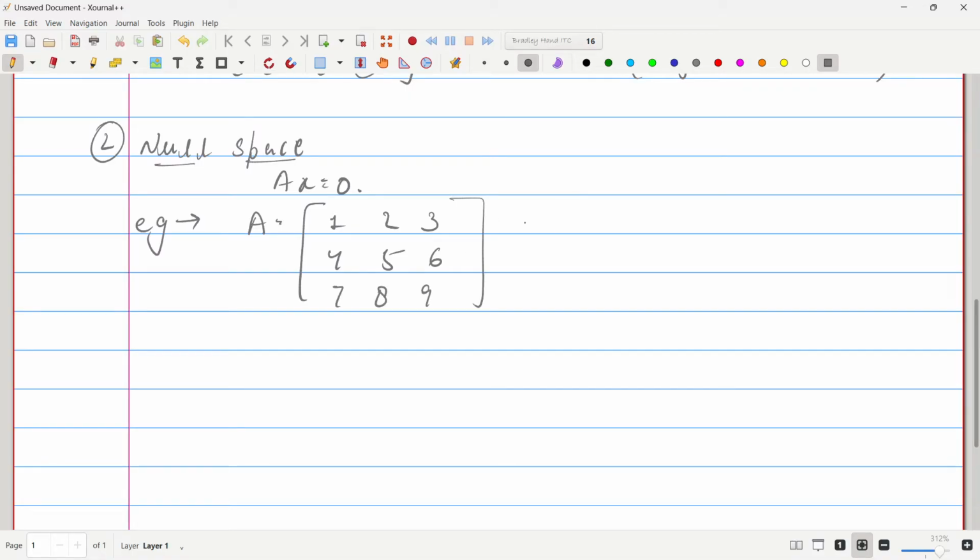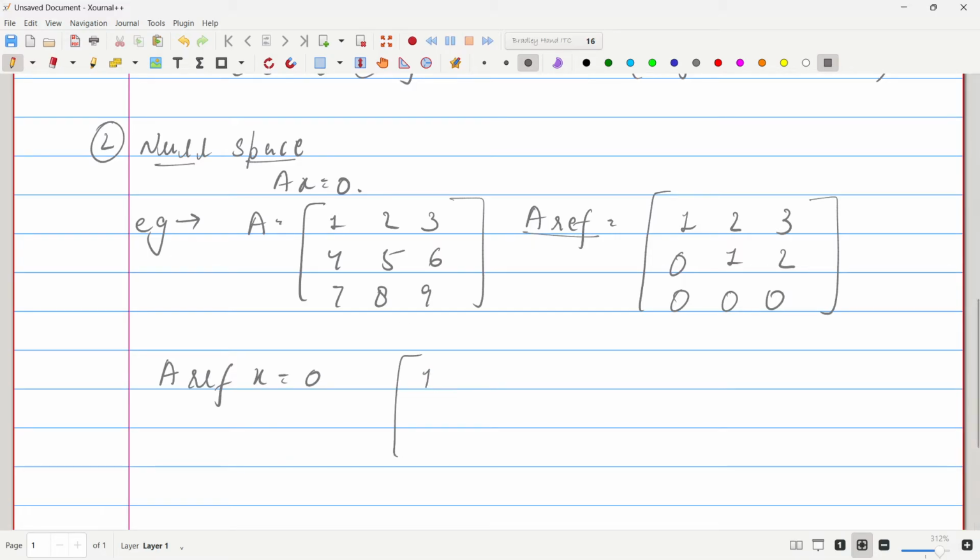Now the REF form of this matrix is 1, 2, 3, 0, 1, 2 and 0, 0, 0. Now you have to multiply this REF form with x and equate it to 0. So the REF form is 1, 2, 3, 0, 1, 2 and 0, 0, 0, times x1, x2, x3, equal to 0.